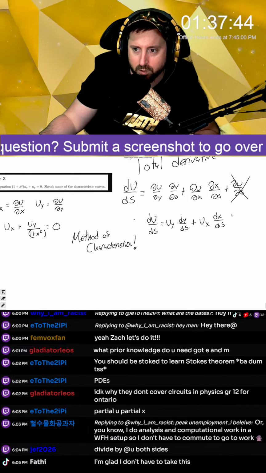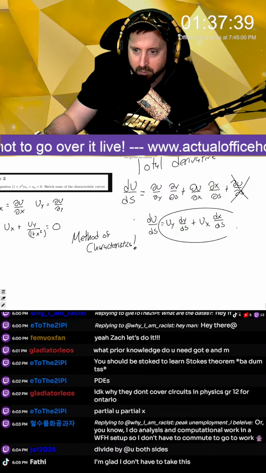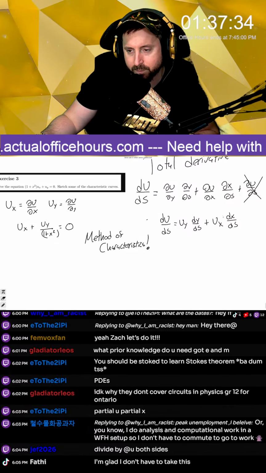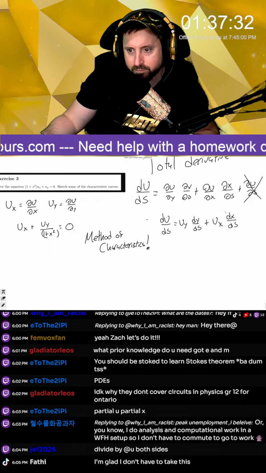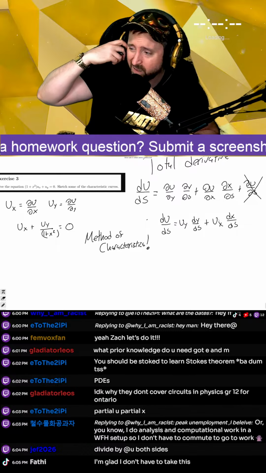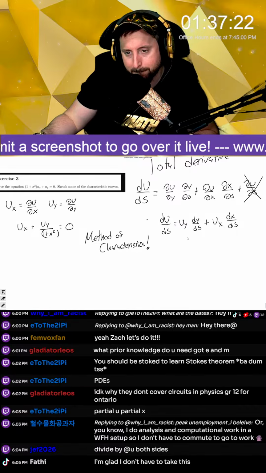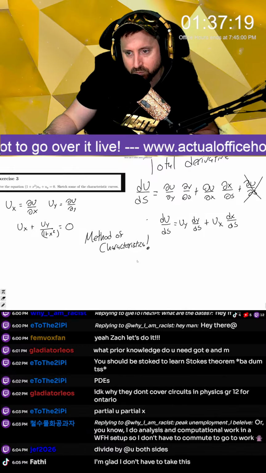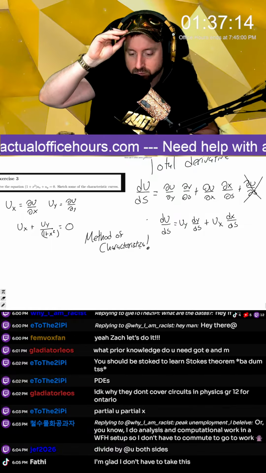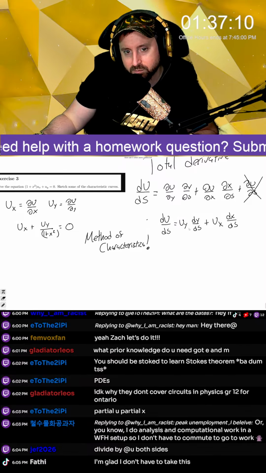Is this all equal to 0 too? Kind of. We'll choose s to be any variable as long as it doesn't equal 0. In this case we'll choose s to be x, because dx is 1, so it's fine.